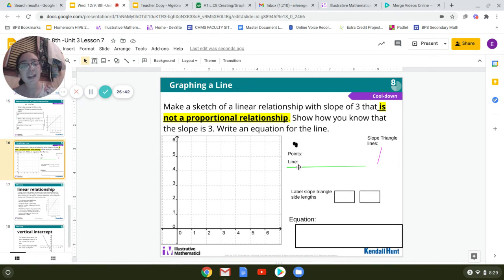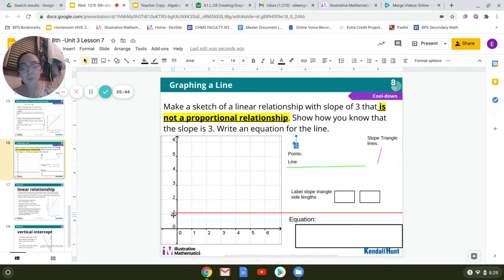So you are going to grab these points right here and put them anywhere. You could put it here. And if it has a slope of 3, that means we have to go over 1 and up how many? Yeah, guys, you're going to go up 3. 1, 2, 3.